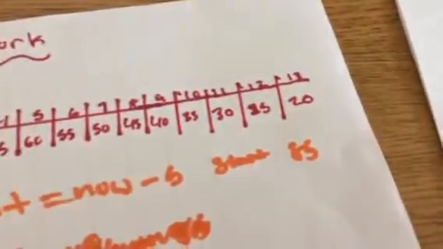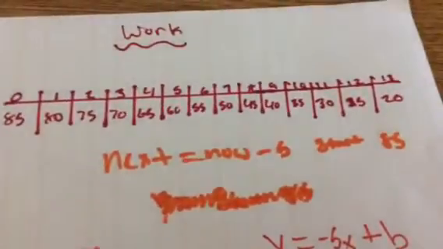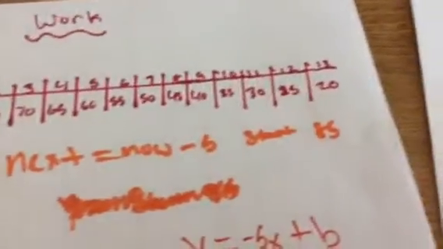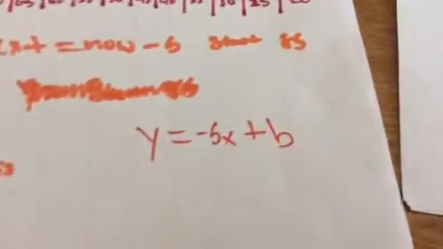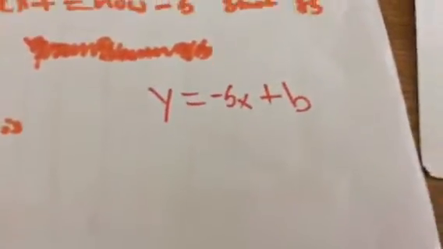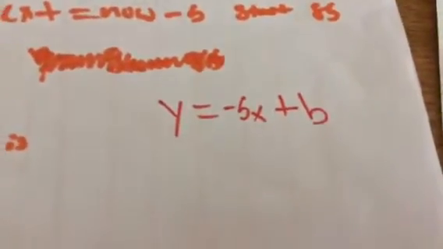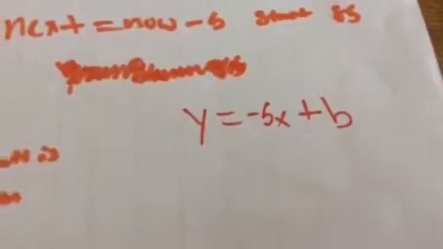$20 million. Not $20. That would be very, very cheap. The now next equation would be next equals now minus 5. And the start is 85 million. Then you have this equation, and it is y equals negative 5x plus b.